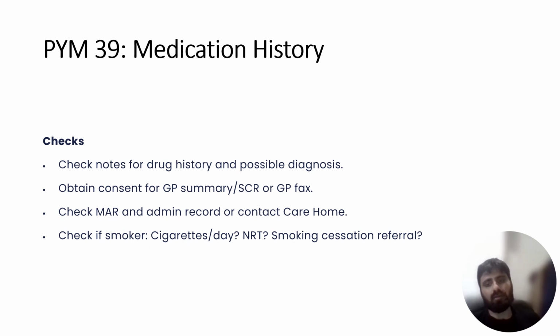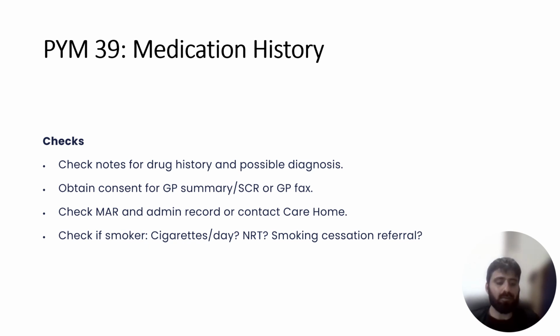You can ask the patient if you can access their record, and then check the MR chart. MR is an acronym for medication administration record. You can also check the history from the admin record or contact the care home.